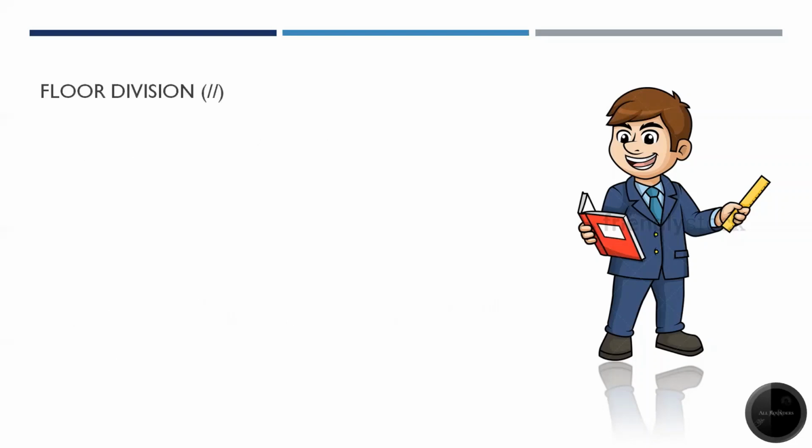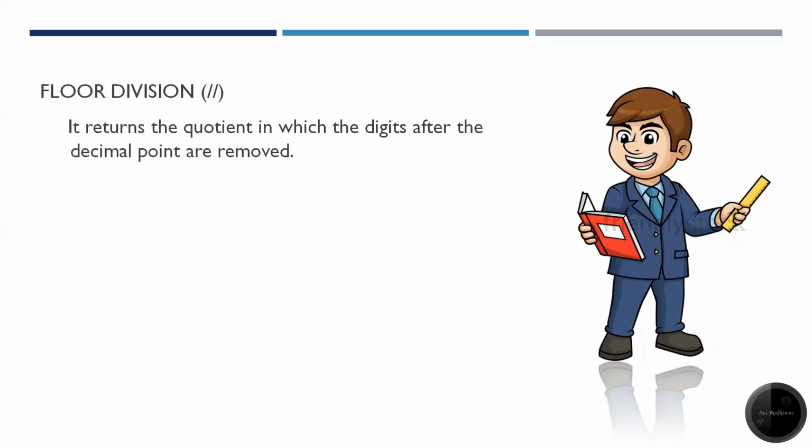Then the next operation is floor division, and it uses the symbol double backslash. It returns the quotient in which the digits after the decimal point are removed. Basically, what floor division does is round the number down to the greatest integer which is less than or equal to that number. Let's take an example.